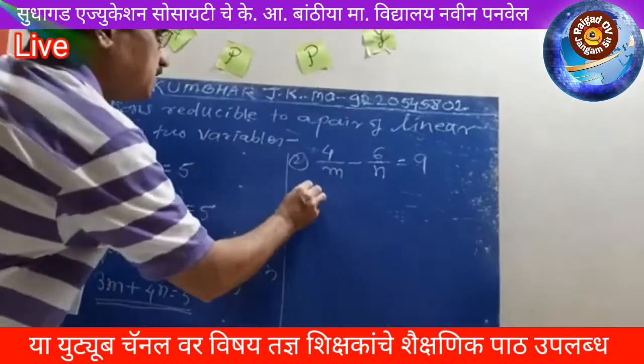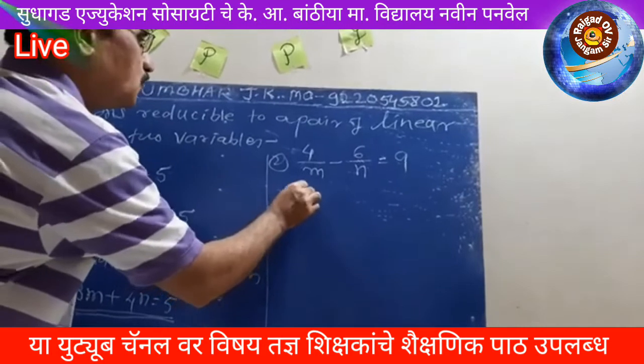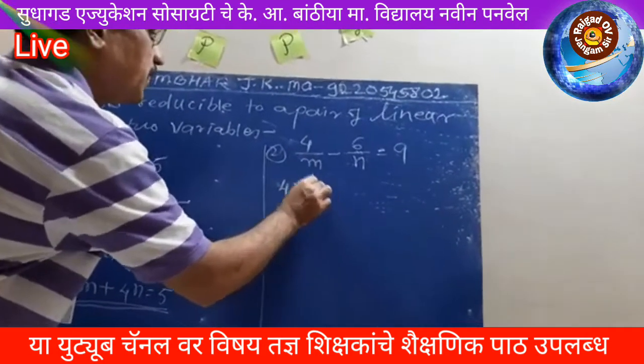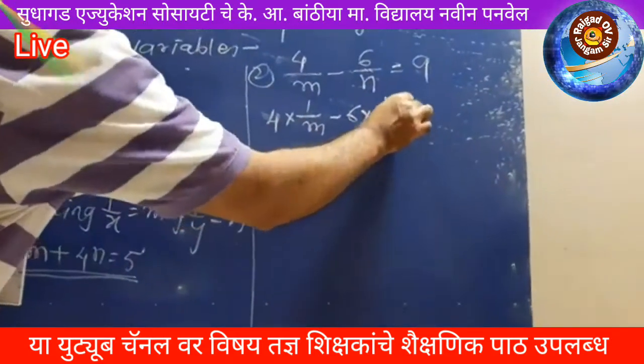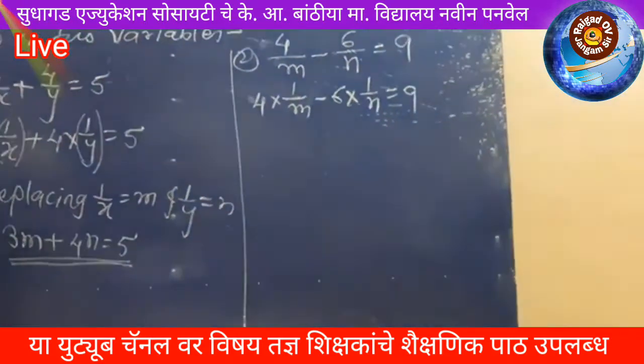Here we can write this equation as 4 into 1 upon m minus 6 into 1 upon n is equal to 9.